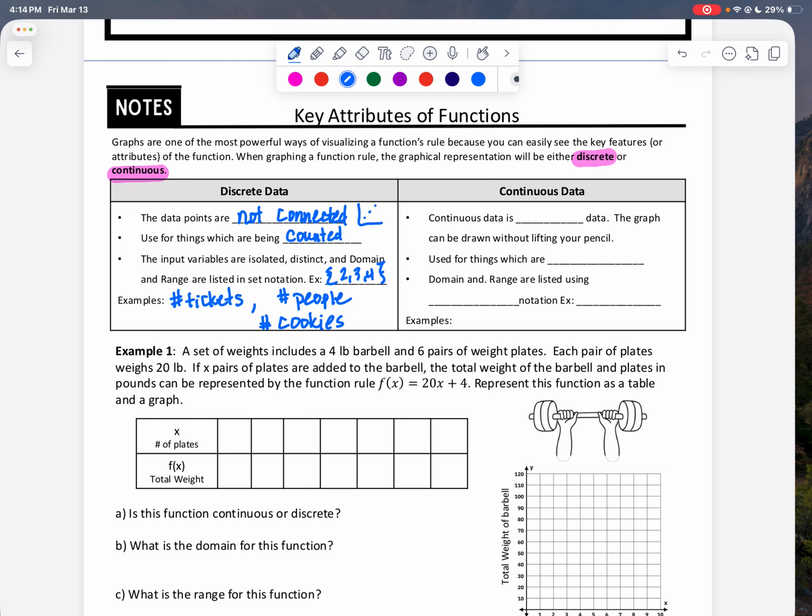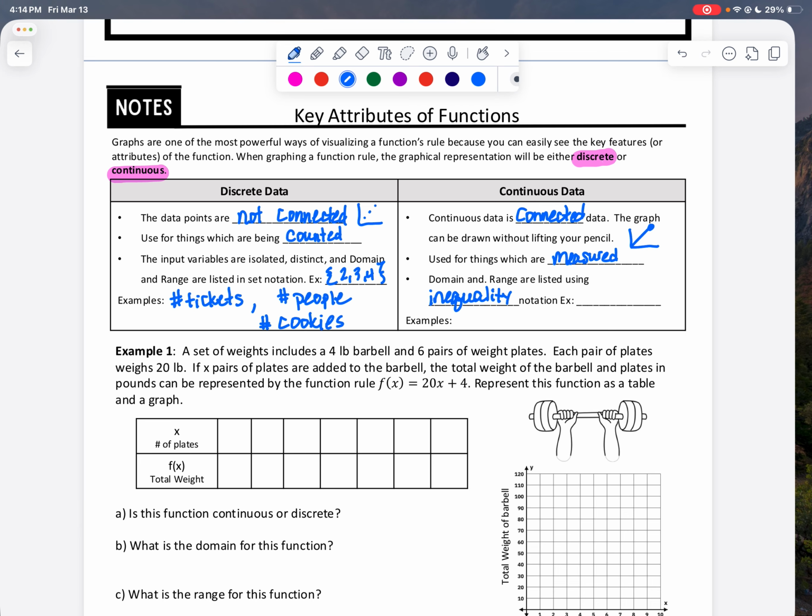All right. Now, continuous data is connected data. The graph can be drawn without lifting your pencil. So you might have something like this, a continuous line, okay? It's used for things which are being measured. Domain and range will be listed using inequality notation.